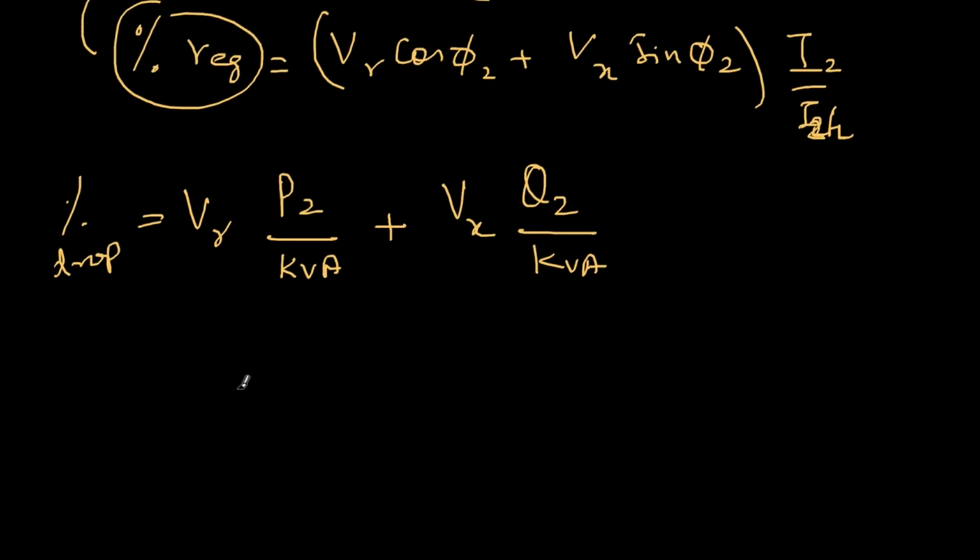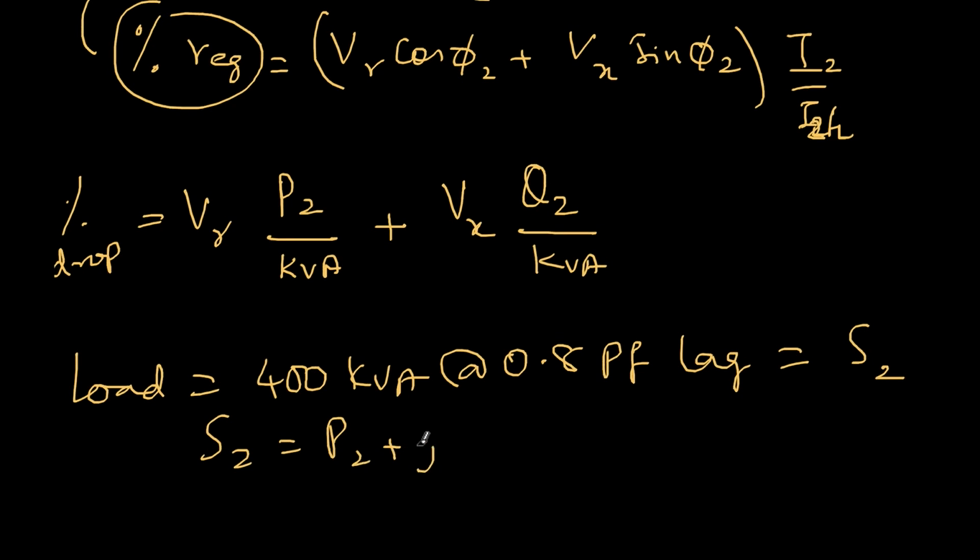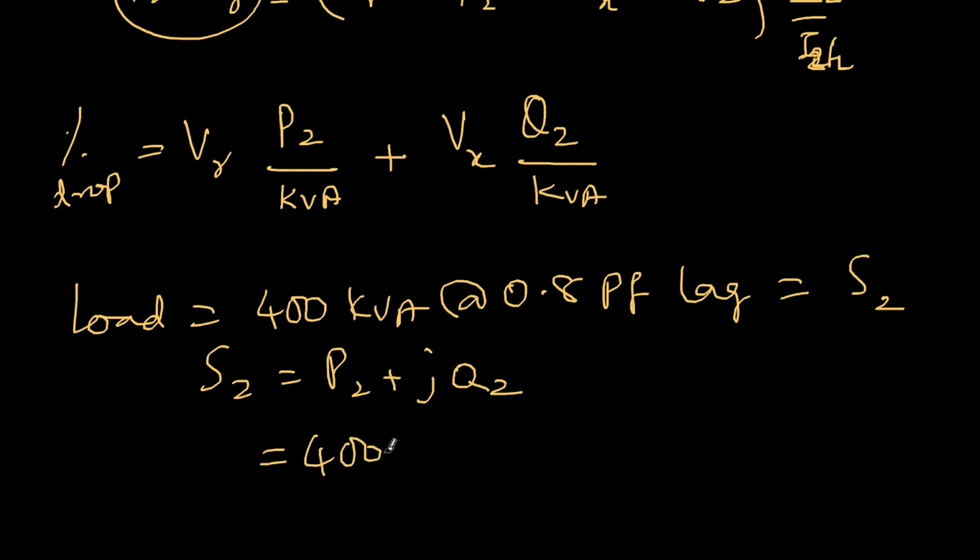Now I have to determine the load. The load is 400 kVA at 0.8 power factor lag. This is nothing but S2, and S2 is P2 plus jQ2. To get P2 and Q2, it is 400 into 0.8 plus j into 400 into 0.6, because I'm just converting.